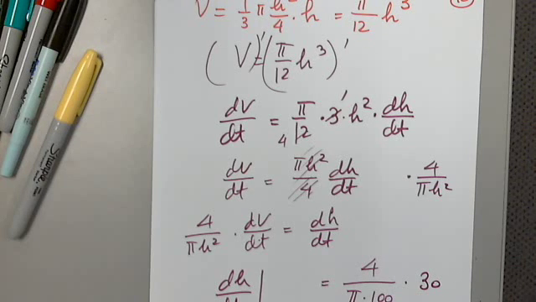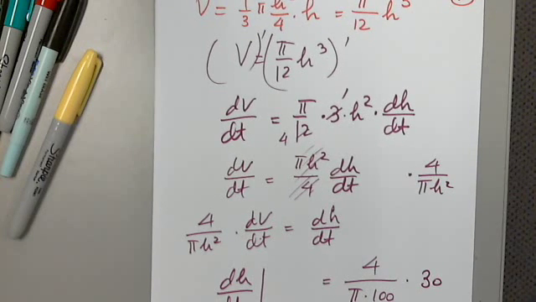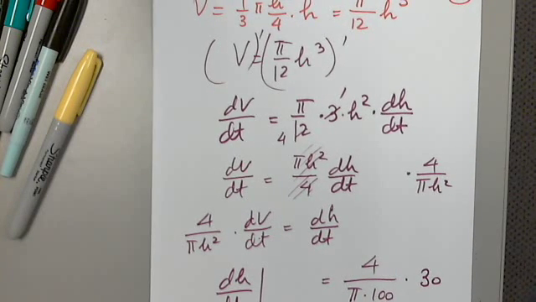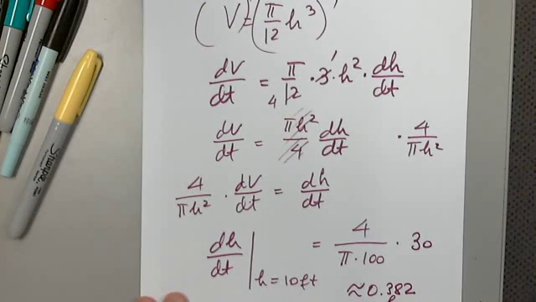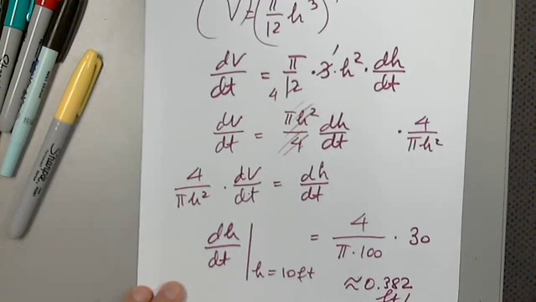And I got, correct me if I'm wrong, 0.382. Without a measurement unit, it means nothing. What is the measurement unit on this? Feet per minute. Perfect.